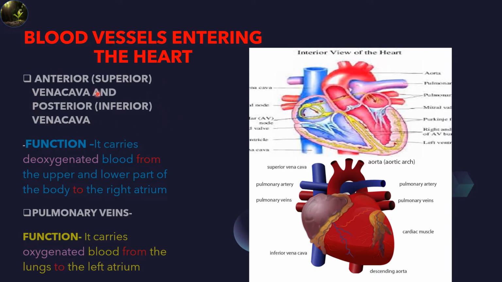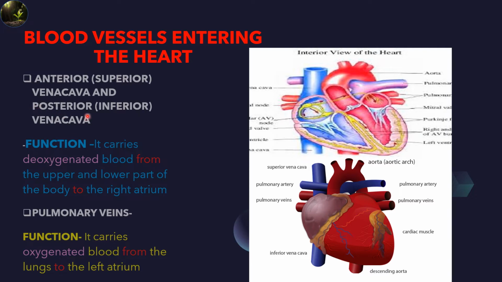What is it? It is located on the upper side of the heart. What is its function? It carries deoxygenated blood from the upper side of the body to the right atrium.